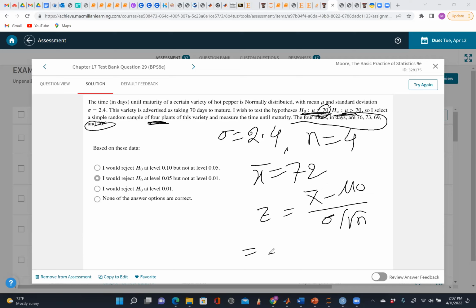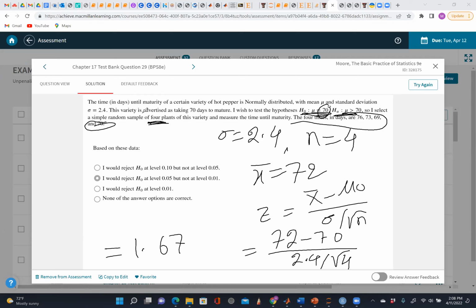So it will be X bar, 72, minus mu 0, 70, and sigma is 2.4 divided by the square root of 4. Now we calculate the test statistic, and then we find the p-value. If you calculate it, the test statistic will be 1.67.